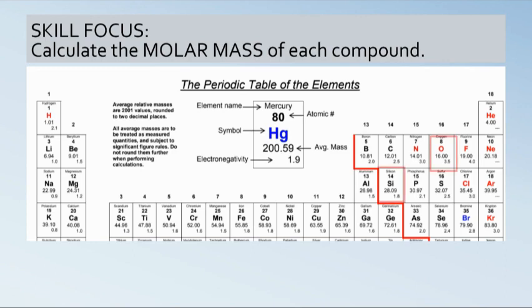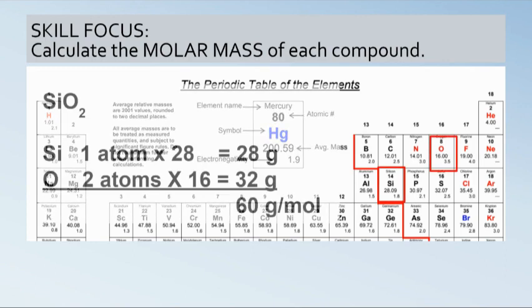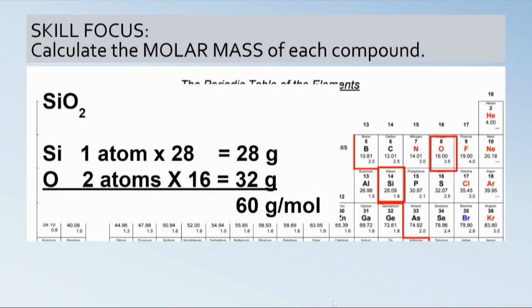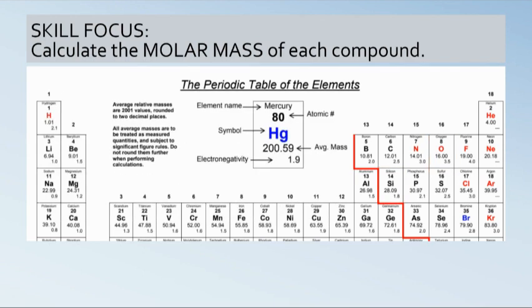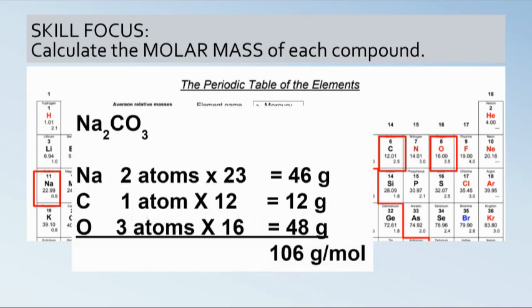All right, hopefully you told me that the molar mass of silicon dioxide was 60 grams per mole, and that's because we have 1 silicon atom with a mass of 28 and 2 oxygen atoms, each with a mass of 16. So 28 plus 32 would give us the mass of the whole compound, or 60 grams per mole. For sodium carbonate, we should get a molar mass of 106 grams per mole.